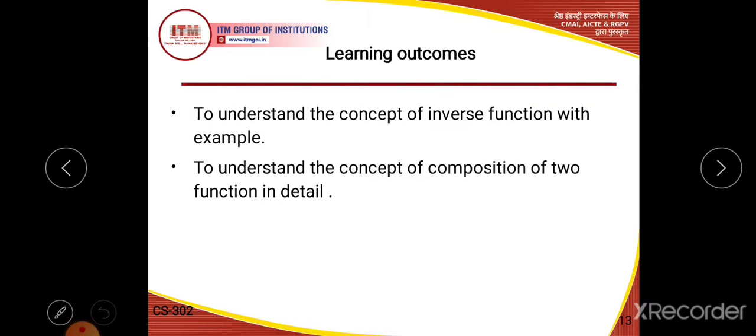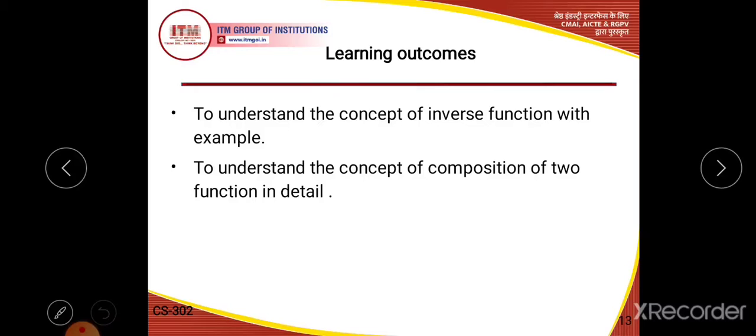Now learning outcomes. What have we learned from this video? We have learned about the inverse function. And the second one is, we understand the concept of composition of function in detail. If we have two functions f and g, then by composition of these two functions we form a new function, which we call g∘f.